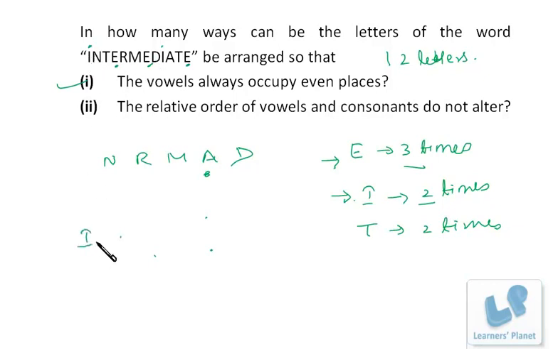That is I, then E, then E, then I, and then E, and then A. So this is the order of the vowels, and for the consonants, it's N, T, R, M, D, and T. 6 vowels and 6 consonants make 12.